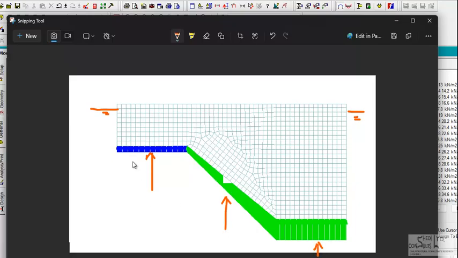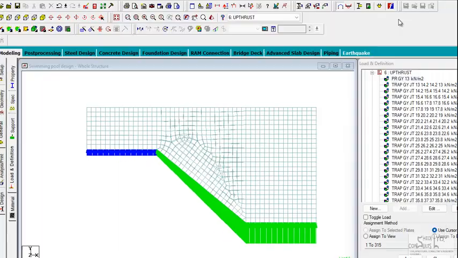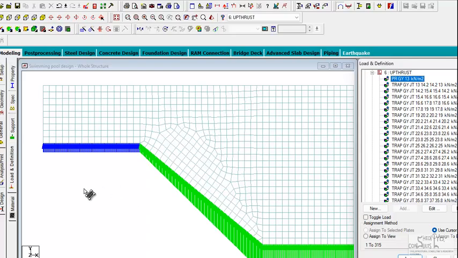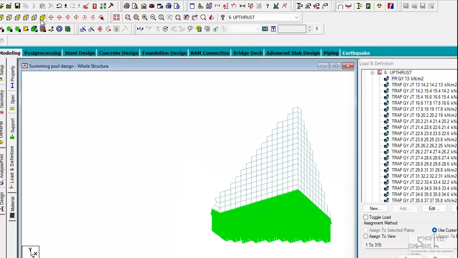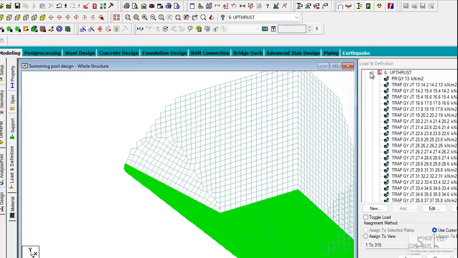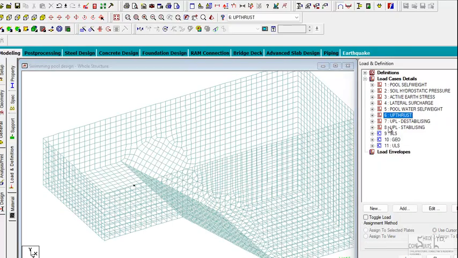Determine what the hydrostatic pressure is, the hydrostatic pressure at this base times the displaced volume. So to do that, calculate the upward hydrostatic pressure along the bottom surface of the swimming pool. Once you do that, you derive the loads and then you apply.